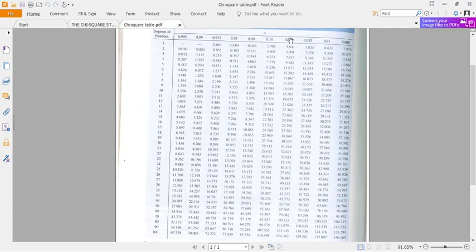So for example, at alpha equals 0.05, or 95% confidence level, if a sample is maybe of 10, the degrees of freedom will be 9. So the chi-square value is that value that corresponds to 0.05 alpha and 9 degrees of freedom.